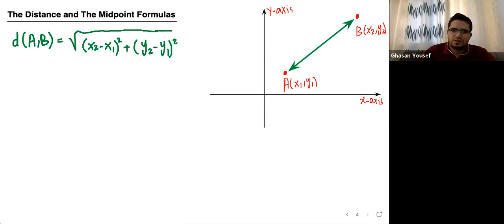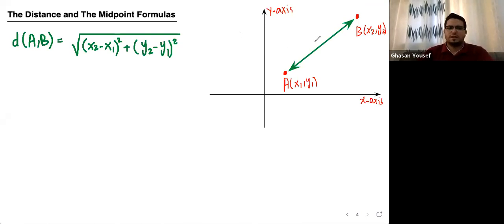This is the definition of the distance. Again, it's x2, this point, minus x1 squared plus y2 minus y1, everything squared.